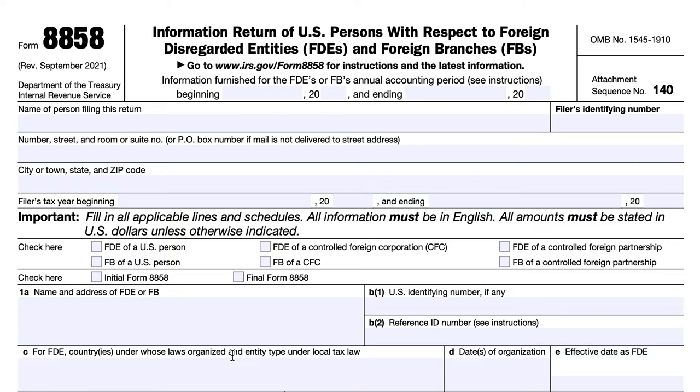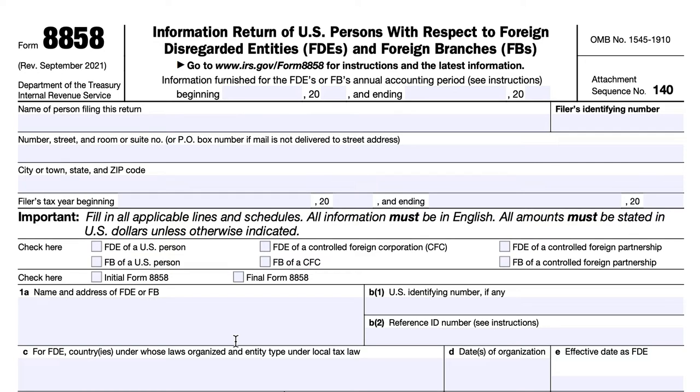If the U.S. person required to file is a U.S. individual, then the U.S. person is not required to complete certain lines in Schedule G. However, if they are not an individual, then they must report the distributive share of income items outlined in Schedule G. Also, U.S. partnerships that are tax owners of an FDE, or a U.S. corporation other than a REIT or an S corporation that is a partner in a U.S. partnership.